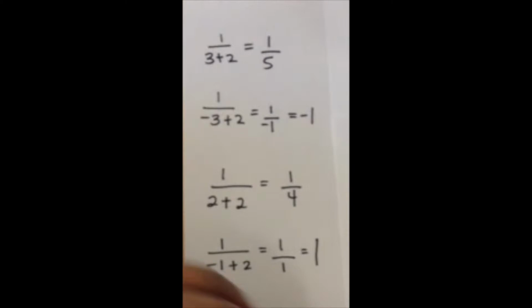1 over 3 plus 2 is equal to 1/5. 1 over negative 3 plus 2 is equal to negative 1. 1 over 2 plus 2 is equal to 1/4.